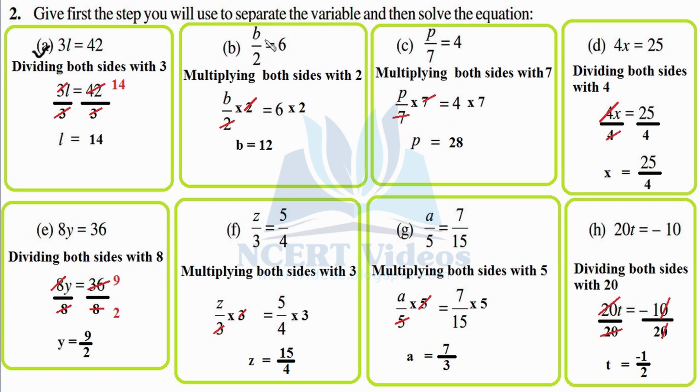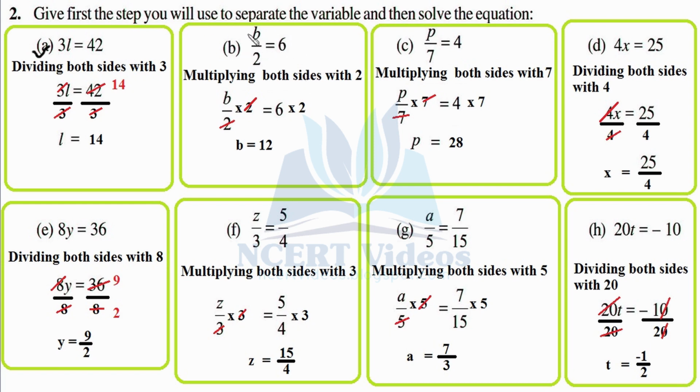B, b by 2 equals 6. Now we have to get rid of this 2 which is in division, so we have to multiply by 2, but we have to do it on both sides so that the value doesn't change. So the crux of these types of questions is that whenever something is getting multiplied, you divide it on both sides, and if something is getting divided, you multiply it.